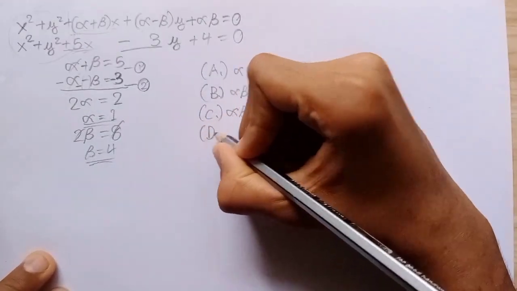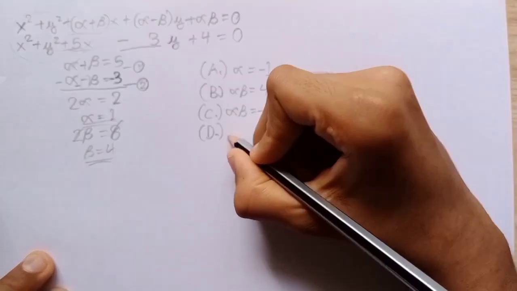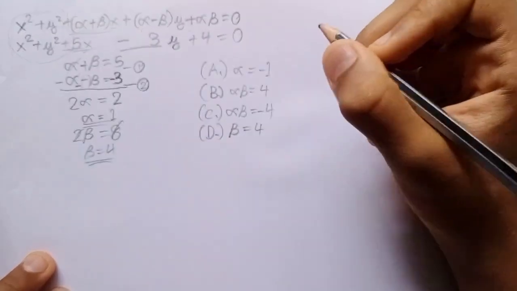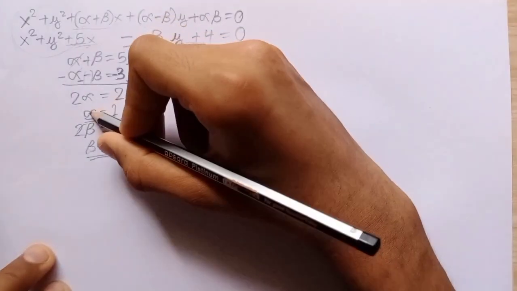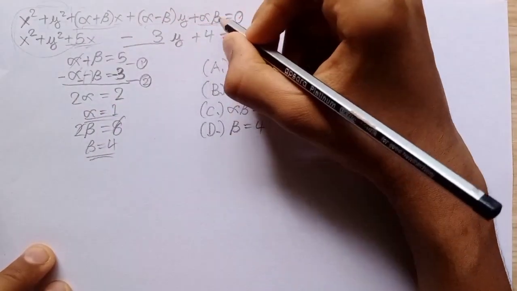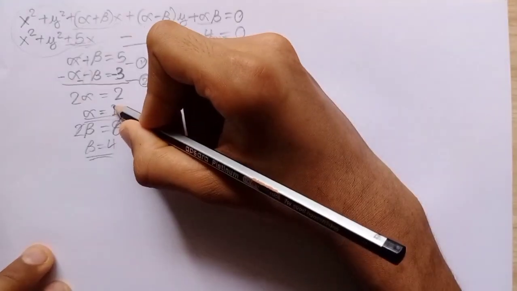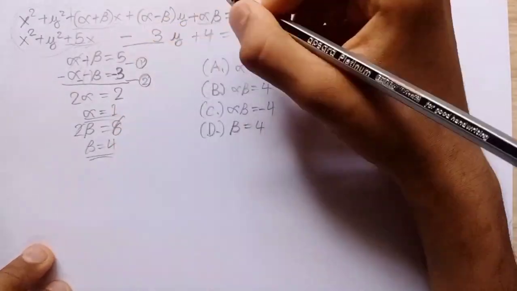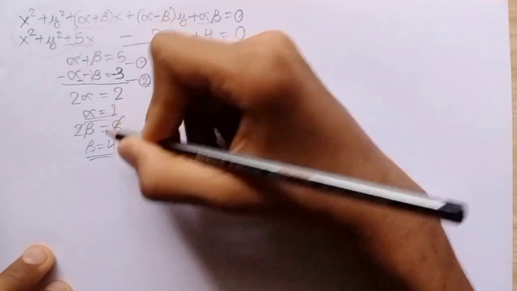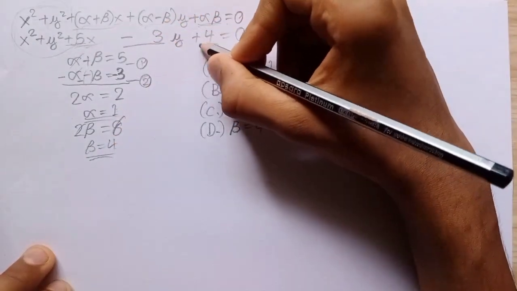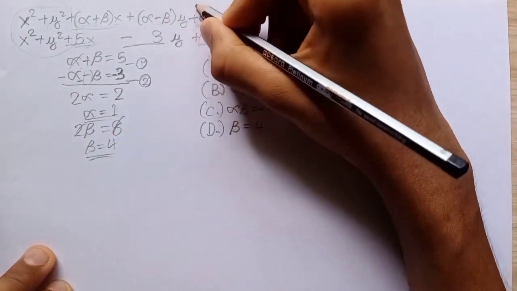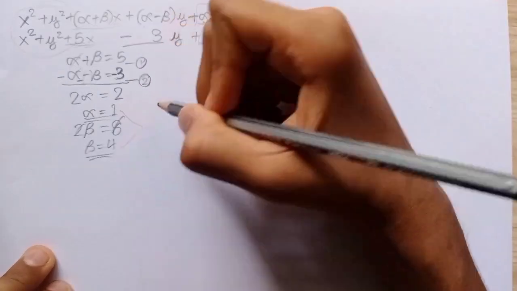And the last option D says that beta is equal to 4. So according to this, we can verify the values of alpha and beta from this. Make sure that their product is 4. And as you can see here, 1 times 4 is indeed 4, because it's alpha into beta. So this is correct. These values of alpha and beta are correct.